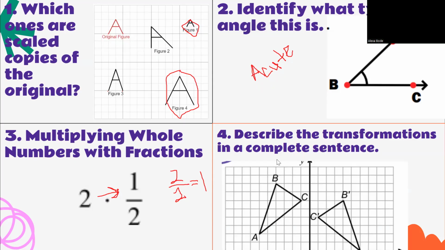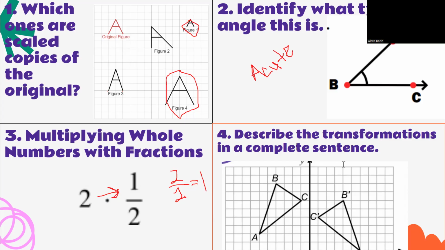It is a sequence of transformations here because you can see the shape has flipped from the left to the right over the y-axis, but the C's don't match up. The C's are not on the same level on the y-axis. So that is why it is 2 types of transformations.